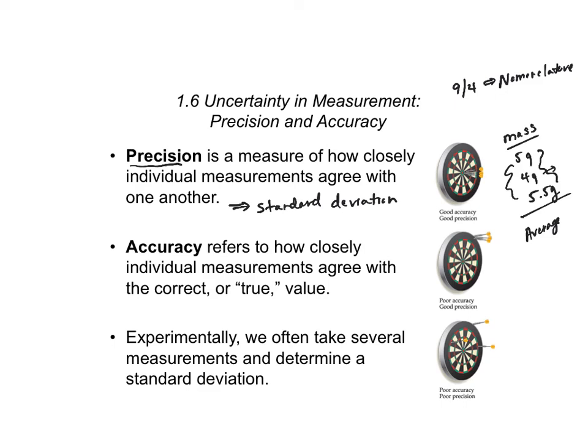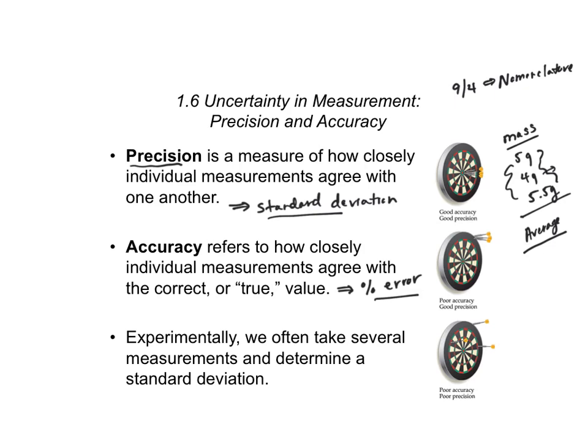For accuracy, we will measure something different, right? So again, we'll be comparing the average value that we have to the true value of the thing, and we usually measure that with something called percent error. And again, you guys will go through this when you get to the lab, but we usually measure precision via standard deviation and accuracy via percent error, okay?